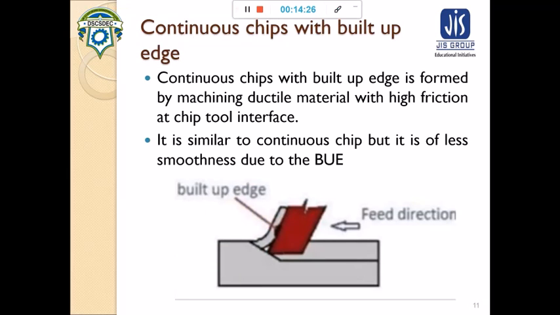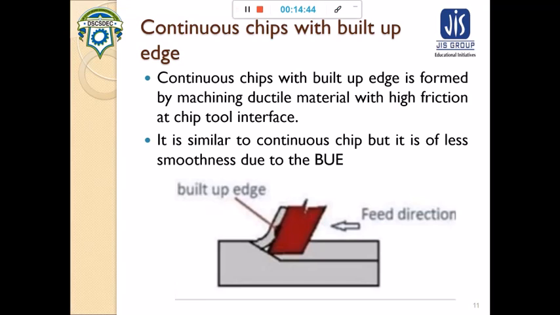Now, built-up edge formation. When we are machining ductile material, shear deformation takes place in the primary deformation zone or shear plane.